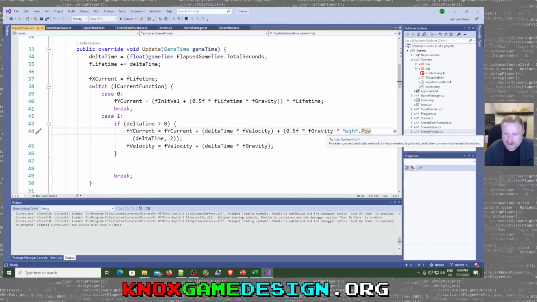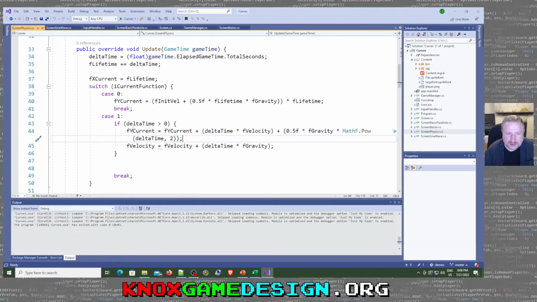I don't know if this is more or less efficient than just multiplying that out. But you could just do delta time times delta time right there. The point being, that is a little bit of extra processing you're doing to get a physics-accurate jump height.